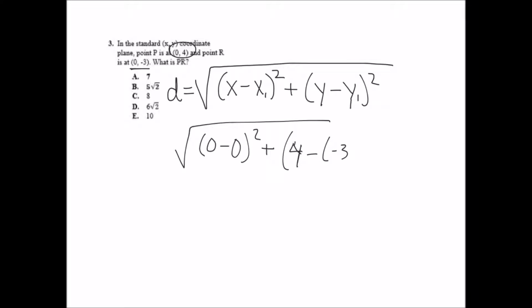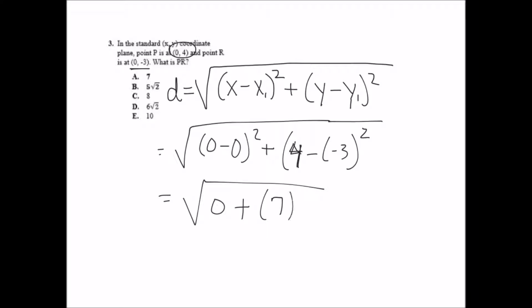I'm going to put a 4 minus a negative 3 squared, which equals the square root of 0 plus 4 minus a minus 3 is 7 squared, which equals, 0 is going to be gone. Let's just get rid of that now. So that's going to equal the square root of 49, and that equals 7. The correct answer is A.